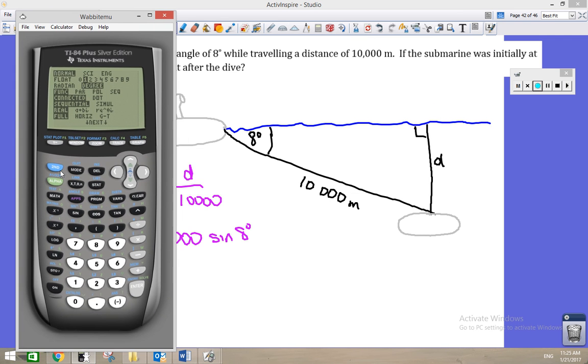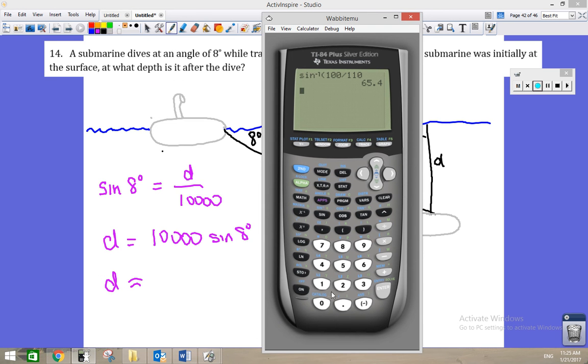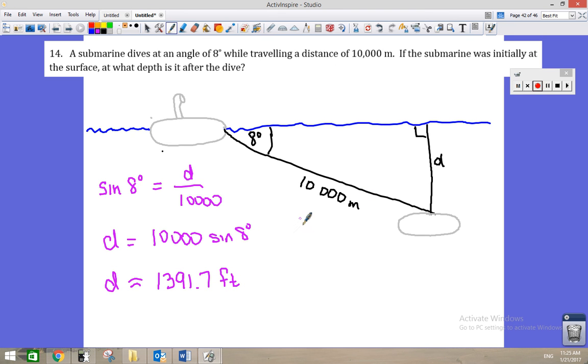Alright, so let's go: 10,000 times the sine of 8, 1,391.7 feet. No, meters. Okay.